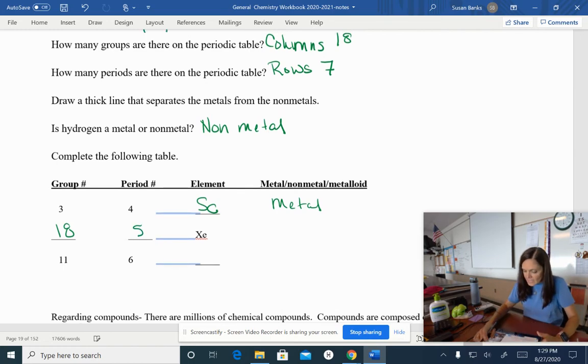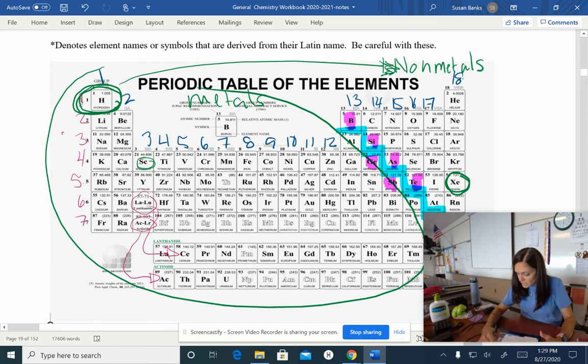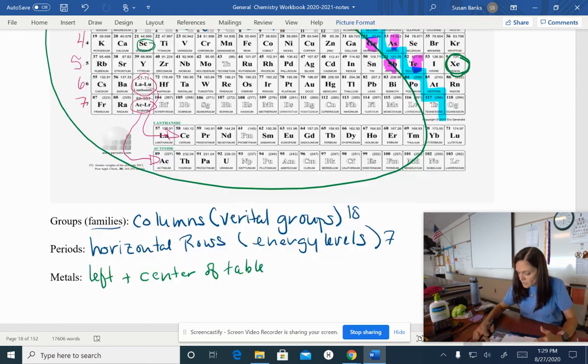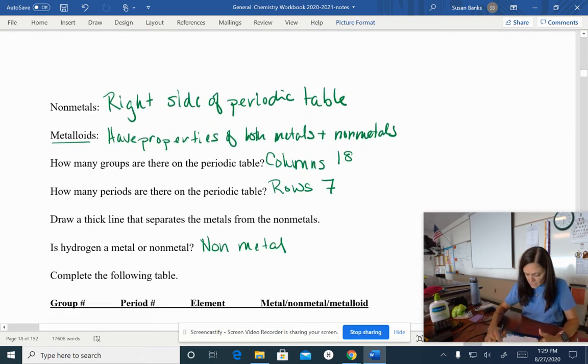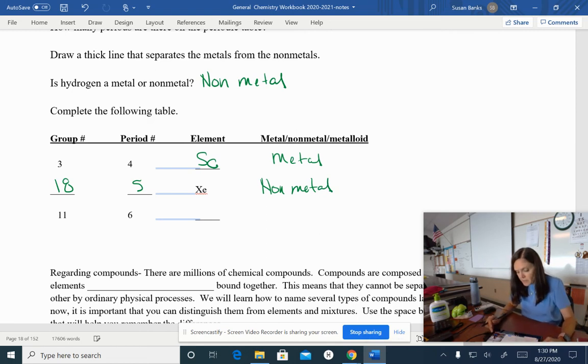And once again, it's very much in the nonmetal area of the periodic table, right? All this area is all nonmetal. So xenon is a nonmetal. It's actually a special type of nonmetal called a noble gas. We'll get into that in a month or so.